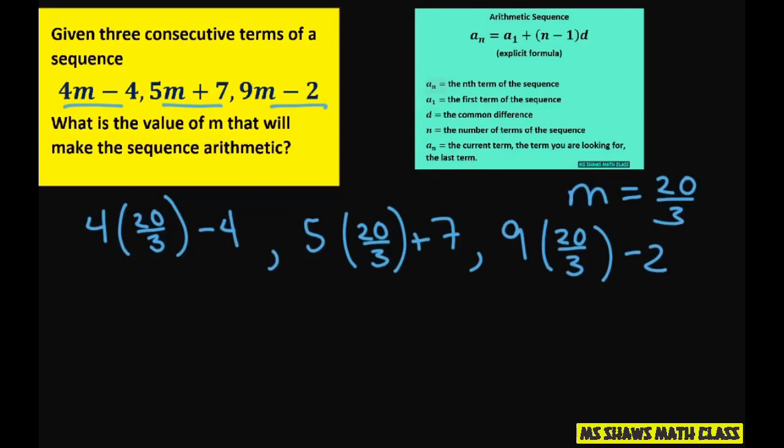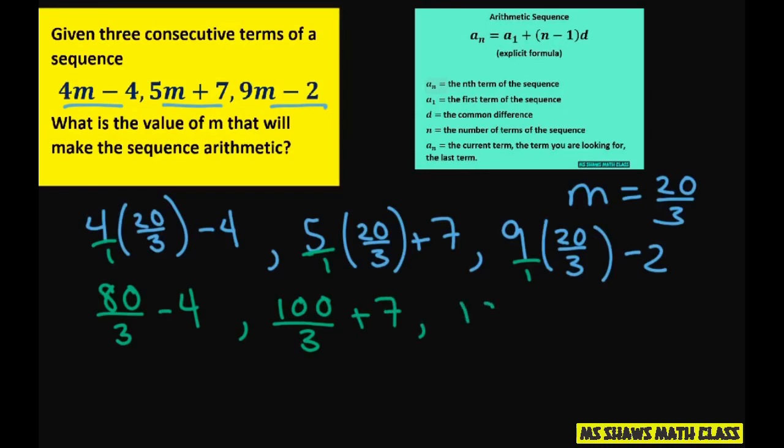So this one's going to be 80 divided by 3 minus 4. You can put these in fraction form if you want. This one's going to be 100 divided by 3 plus 7. And this one's going to be 180 divided by 3 minus 2. Now, you can use a calculator, or we need to have the same common denominator.